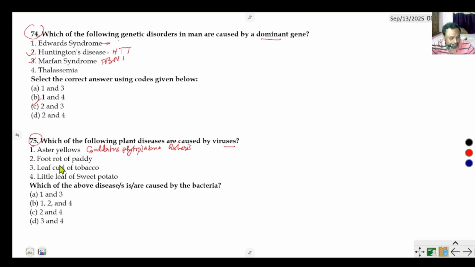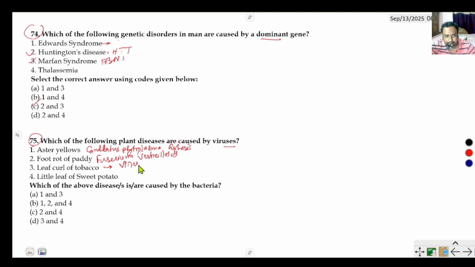Foot rot of paddy is caused by Fusarium verticillioides. Little leaf curl of tobacco is caused by leaf curl tobacco virus.